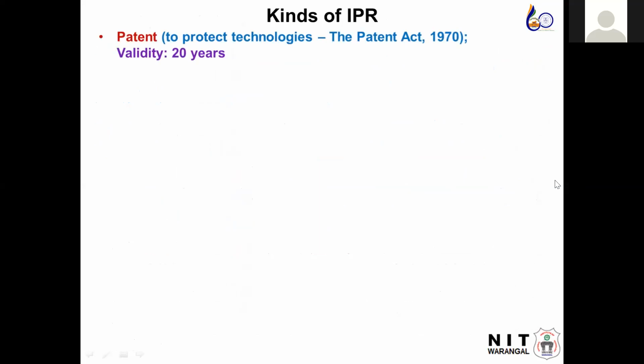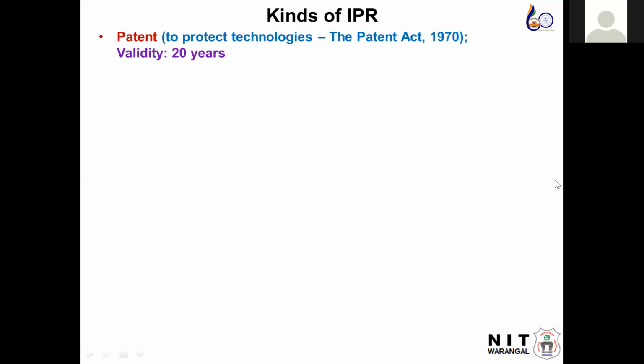First, the very famous thing, what people normally think of, is the patent. Patent is one kind of IPR. It is to protect technologies basically. The validity of any patent, whether it is an Indian or a foreign patent, is 20 years.